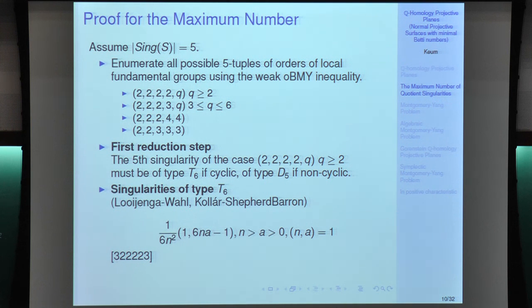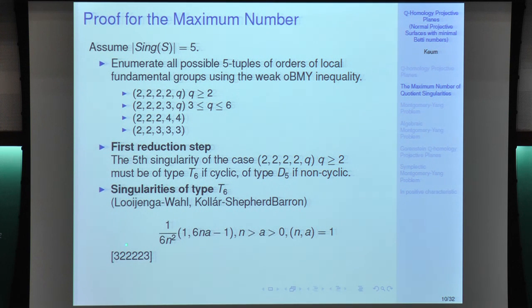Type T6 means here 6. For various numbers n and a satisfying this, all such singularities can be obtained from this. So the smallest one is this.